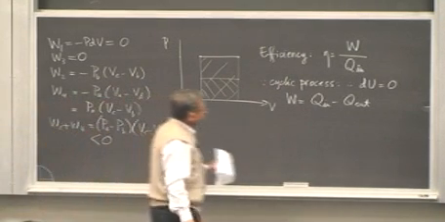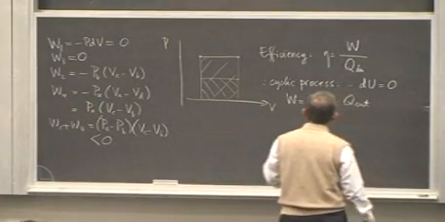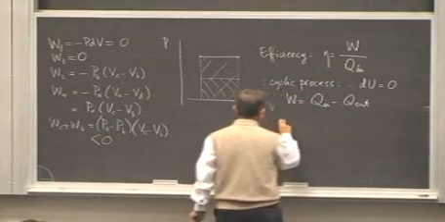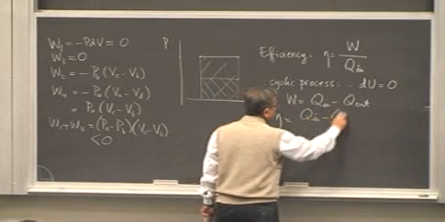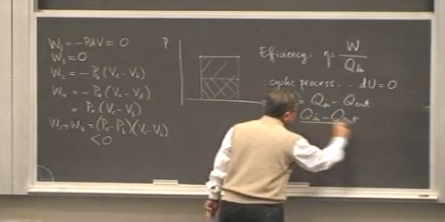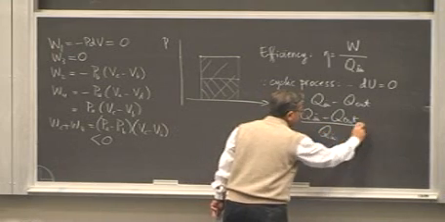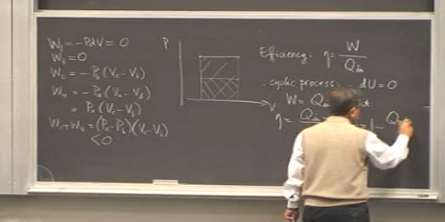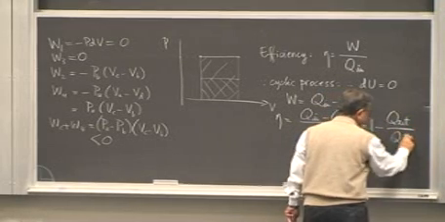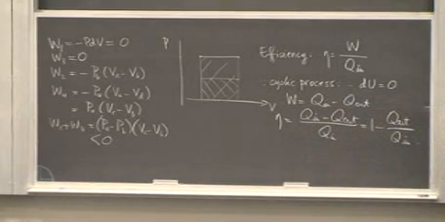So W is equal to this, and hence eta is equal to Q in minus Q out divided by Q in. So you write this as 1 minus Q out over Q in. That is the efficiency of the engine.